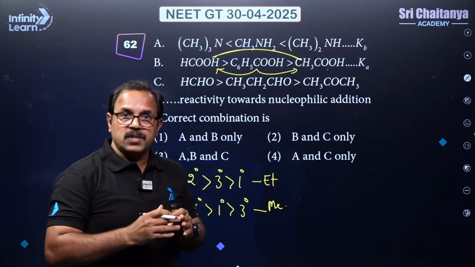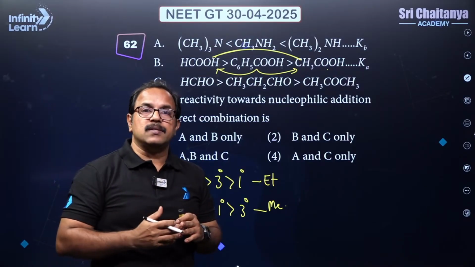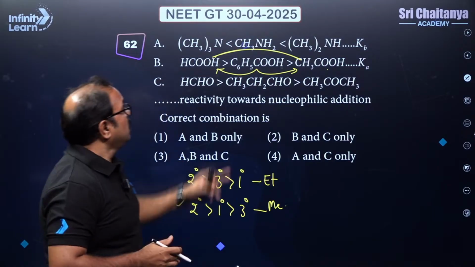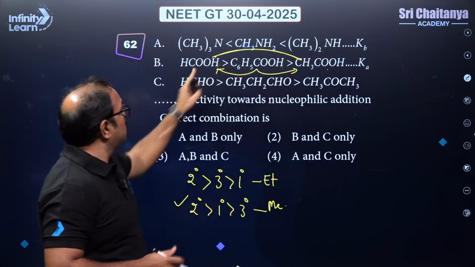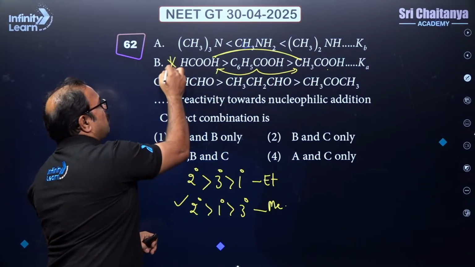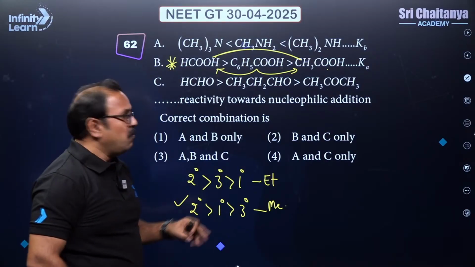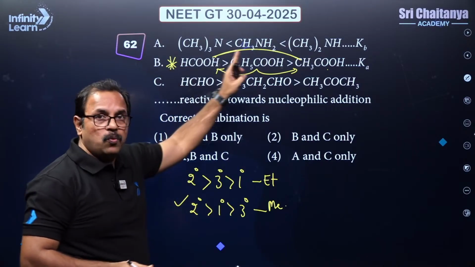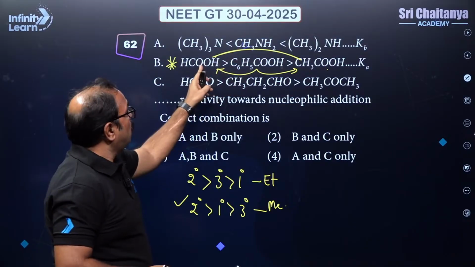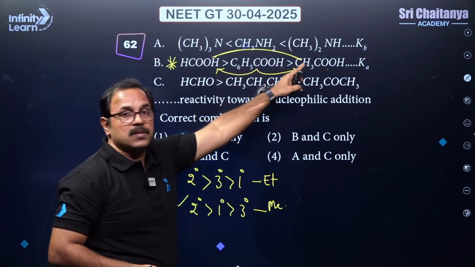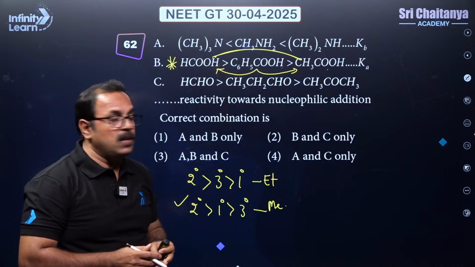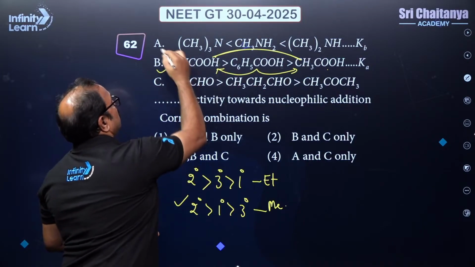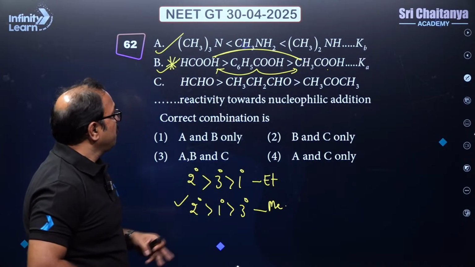Formic acid is more acidic. As the carbon chain increases, acidic character decreases. How do you compare benzoic acid? Those Ka values are given. This is a very important textbook point. They have given the Ka values, and very limited discussion is there, so we have to see that meticulously. Formic acid is definitely more acidic than acetic acid, but whether it is more than benzoic acid or not is based on the Ka values. So this is also a correct statement. This is also a correct statement.